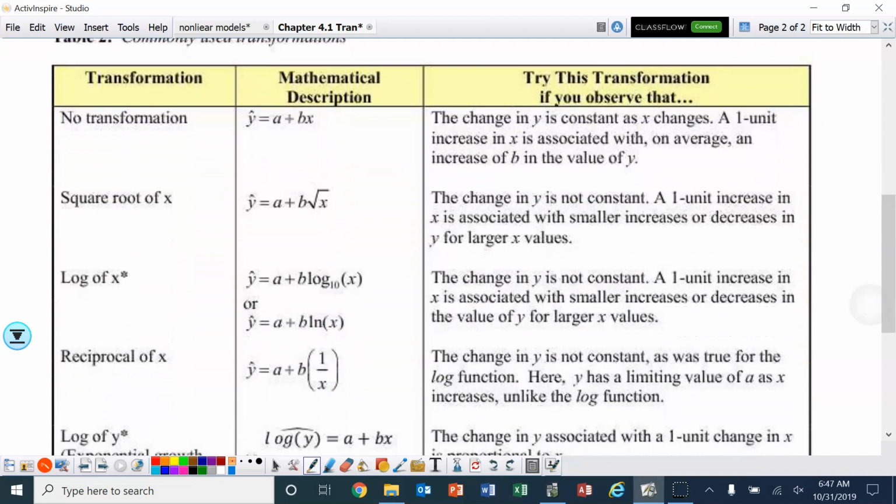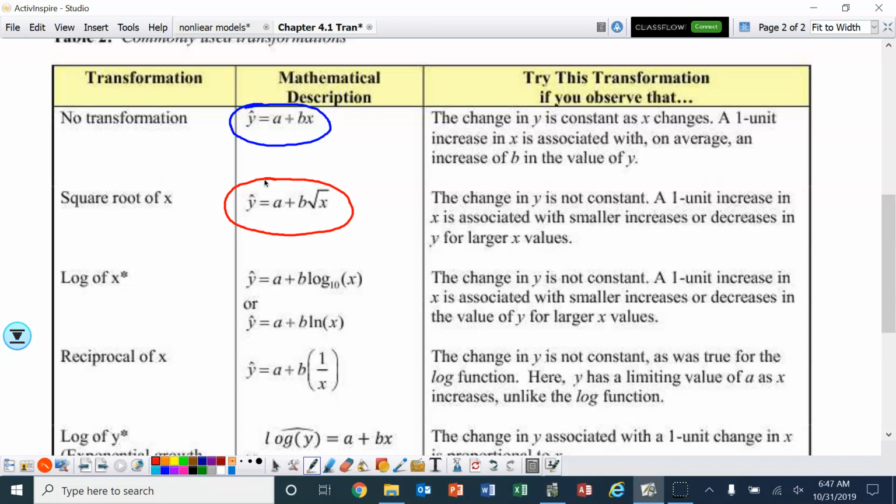remember our mathematical description. If the data is already linear, this is the equation that we use, y hat equals a plus bx. If we transform the numbers using the square root of x, then our equation becomes y hat equals a plus b times the square root of x, because we took the square root of x.